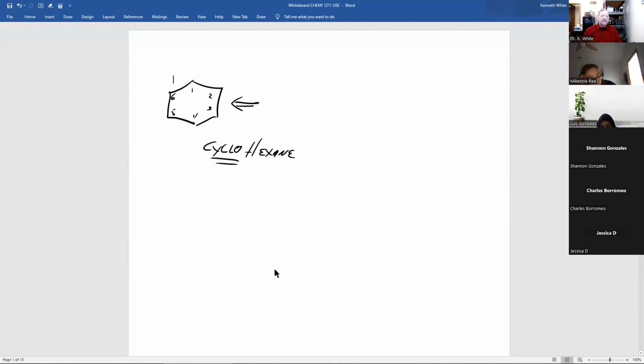So make sure for your rings, you use the prefix cyclo, as in cyclohexane. Why don't you give the IUPAC name for this compound I just drew? Your turn.